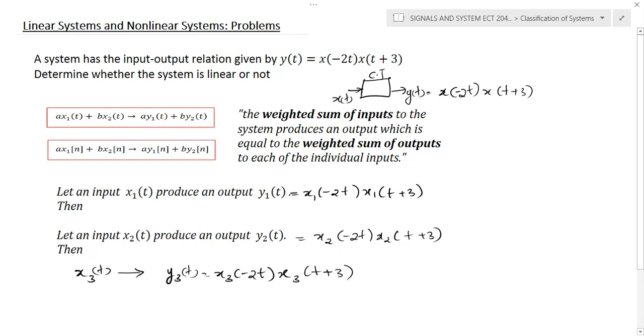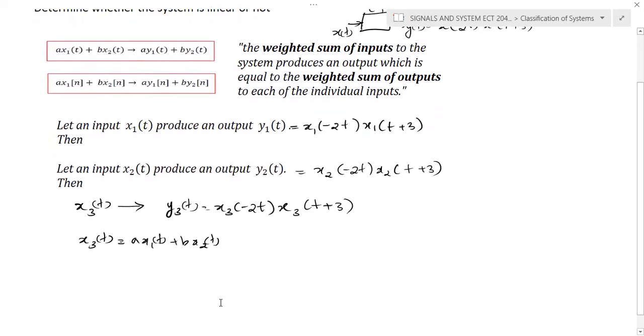And in place of x3, we will write the linear combination of input. So we will write a x1 of t plus b x2 of t. Assume that the third input is a x1 of t plus b x2 of t. And in place of x3 of t, if you write this, you will get another equation. In place of x3 of t, you can substitute this.